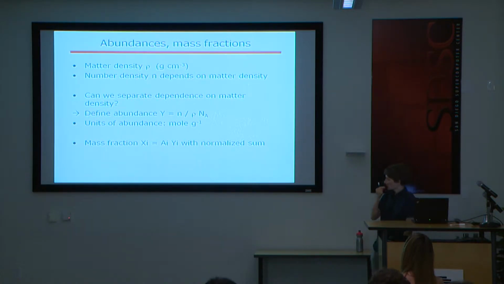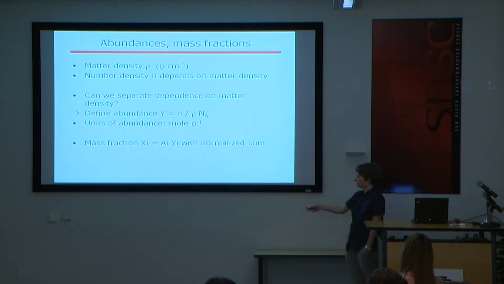On a side remark, but not important for the following discussion, we can also define a mass fraction, and the mass fraction x of particle i, or species i, is defined as its mass number A times its abundance. And mass fractions are normalized, so the sum of all the mass fractions of all the species in your gas is 1.